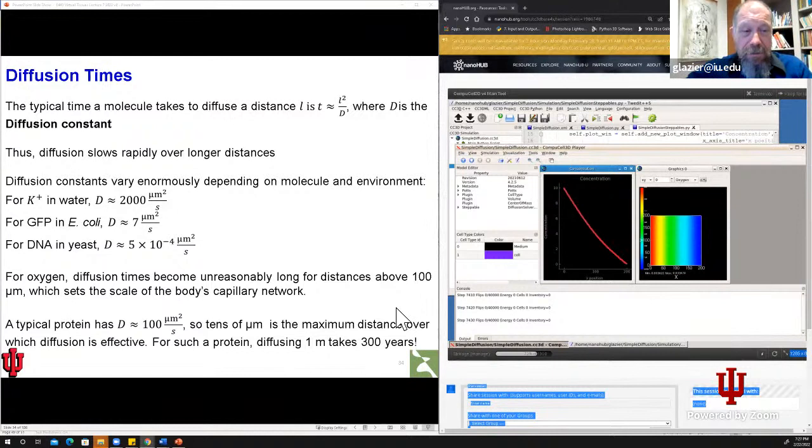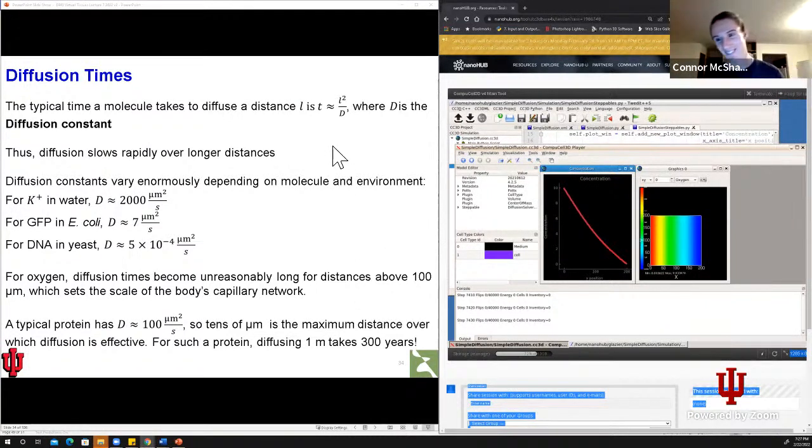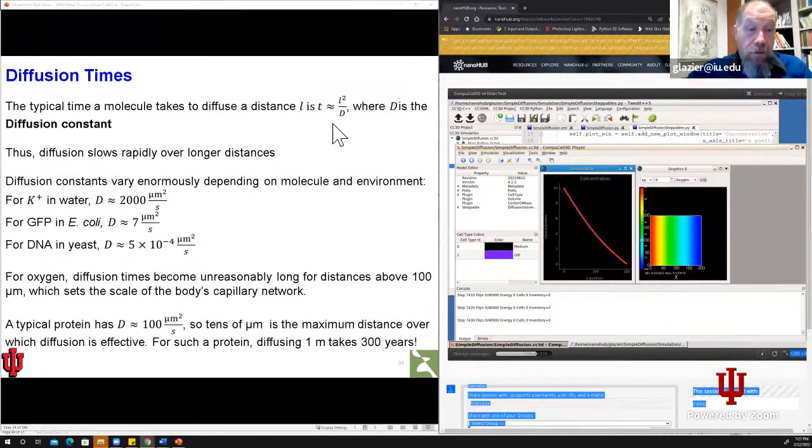Also way longer than the 3 to 5 minutes needed for your brain to die. So diffusion works really well over a distance of 100 microns. It changes quickly, but for a distance of 1,000 microns, it's slow. Things slow down as the square of the distance.